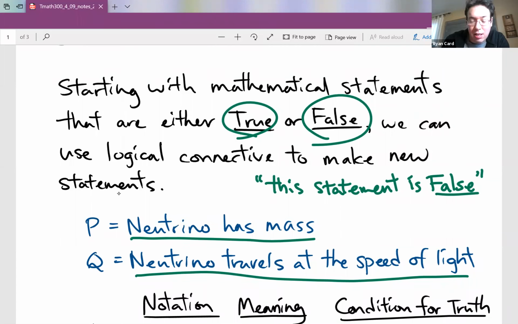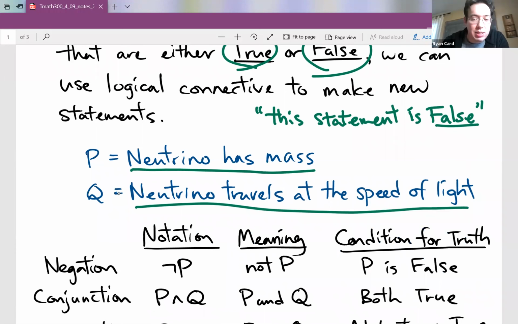These are physics-type sentences that could be either true or false. I'm not trying to make any statement about physics, but you can think about more complex sentences you can make out of these two statements, just to give your mind some context.